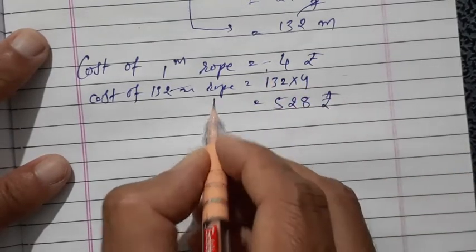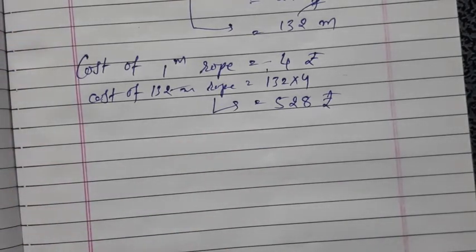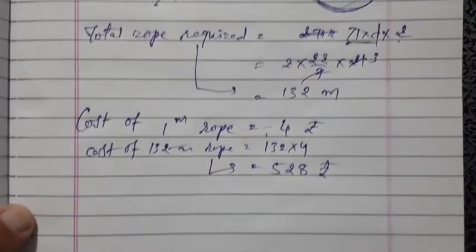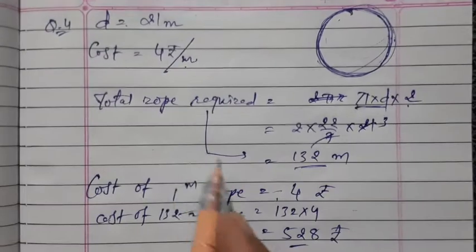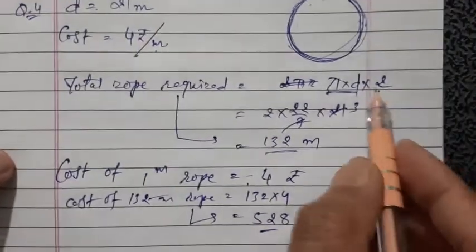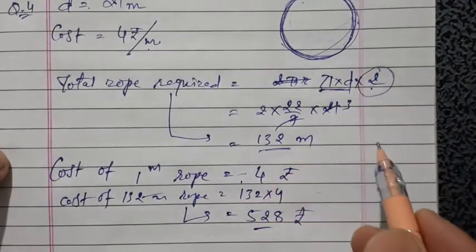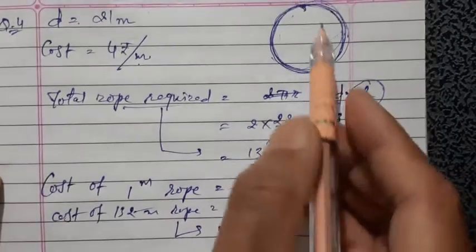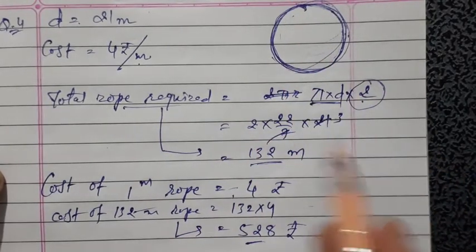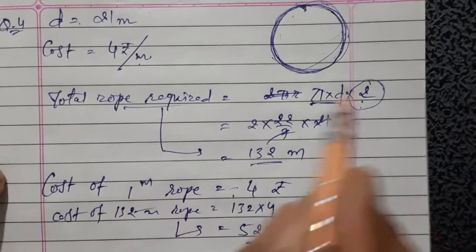So 528 rupees. That is the cost. So rope required equal to 132 meter. And if you want to multiply with 2, so what to do? First find out the perimeter, means circumference, and then he makes 2 rounds, so multiply with 2.